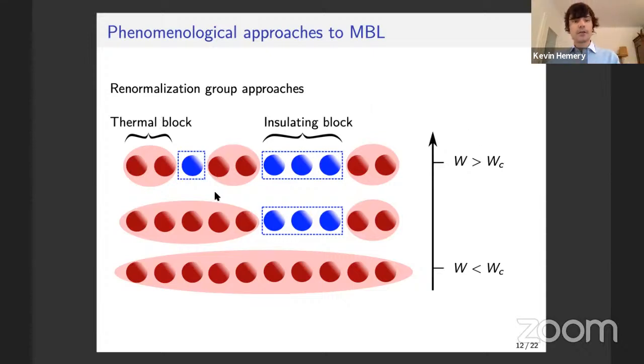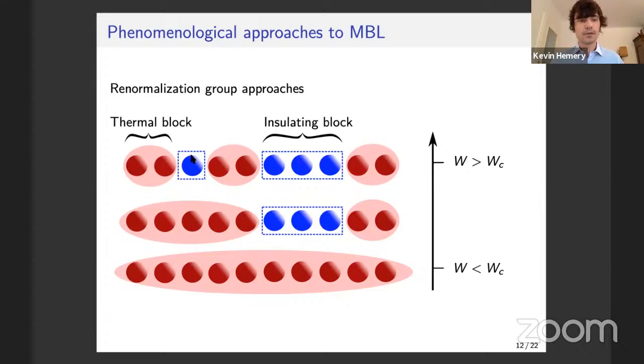And now they define rules to update this state and to move to a different step with the idea of explaining the phase transition. One simple rule that I've tried to illustrate here is: if there are two thermal blocks surrounding an insulating block, and if the thermal block is bigger than the insulating block, then it can thermalize the insulating block in the middle, right?